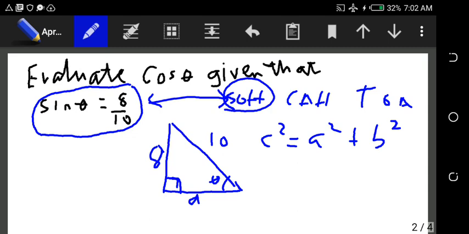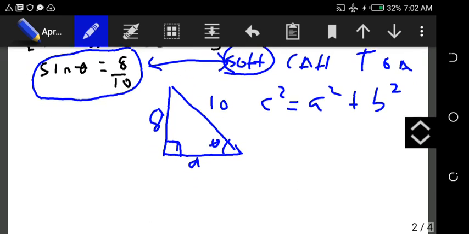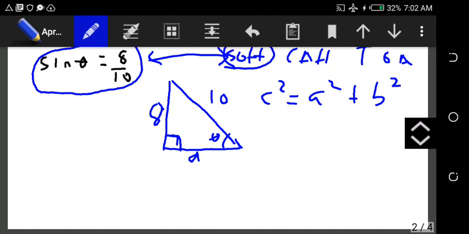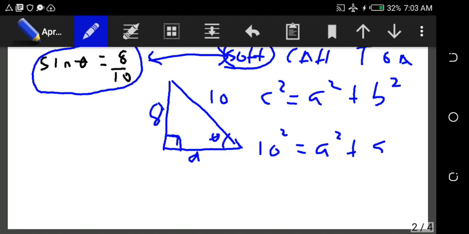So when we put this to work, c is the hypotenuse, that's 10, so we'll have 10 squared is equal to a squared, which we don't know the value of, plus b squared, in this case 8 squared.